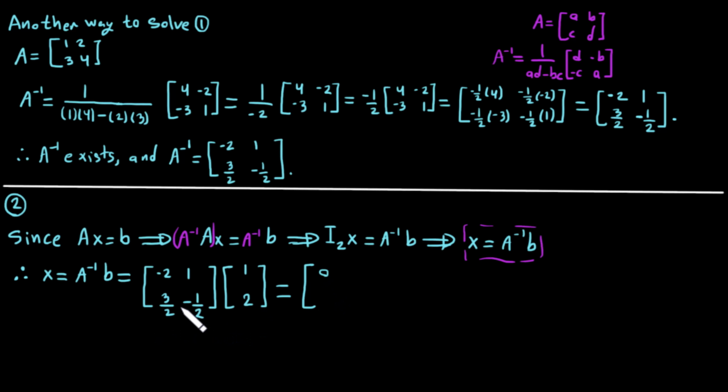0. To find this element here, we have to multiply this row by this column. So 3 over 2 multiplied by 1 plus negative half multiplied by 2. 3 over 2 multiplied by 1, which is 3 over 2. Minus with plus, it will be minus.